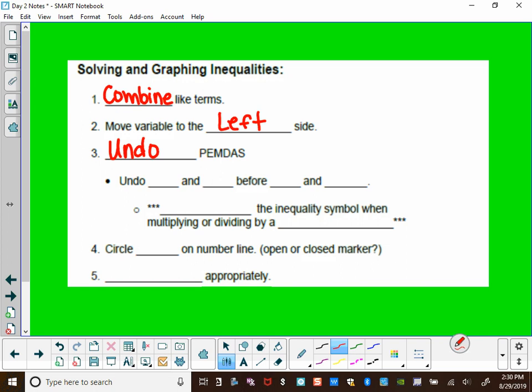Undo addition and subtraction before you multiply and divide. And then you're going to flip the inequality symbol if we're multiplying or dividing by a negative. You guys remember that from Algebra 1?